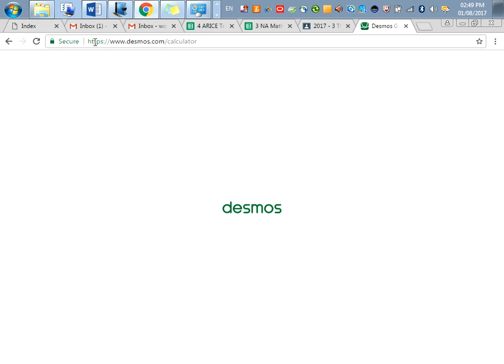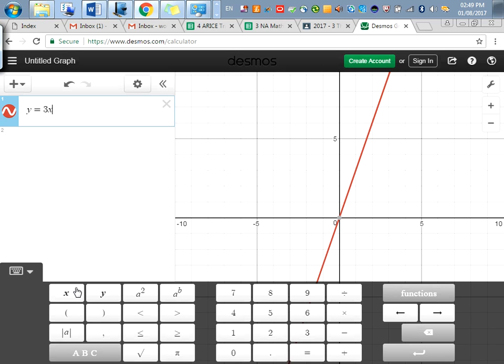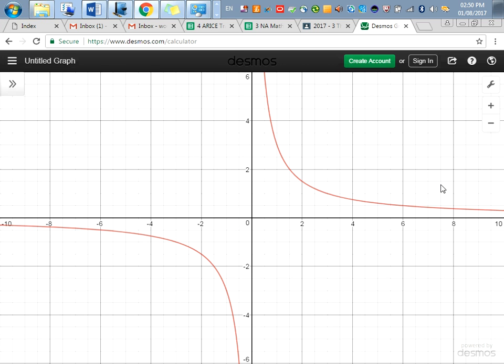I don't have the power here. Okay, negative 1. Zoom out.